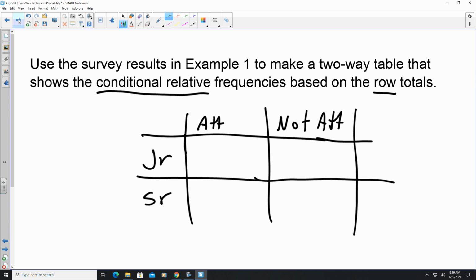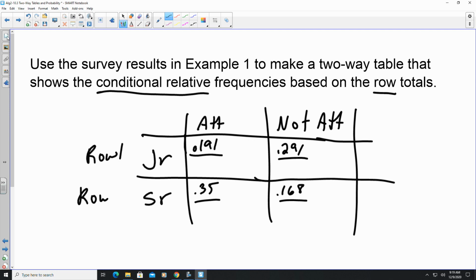So for the juniors, it was 0.191. For showing up, this one was 0.291. This one was 0.35. And this one was 0.168. All right. So now it is with respect to the rows. The row in this case is, like this is row 1, this is row 2.